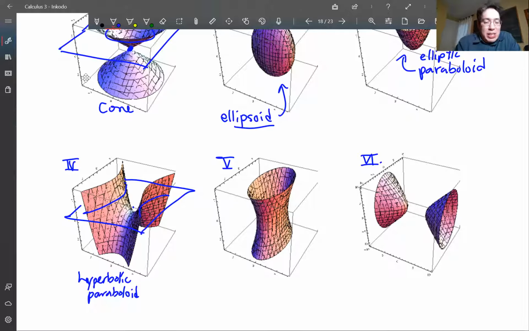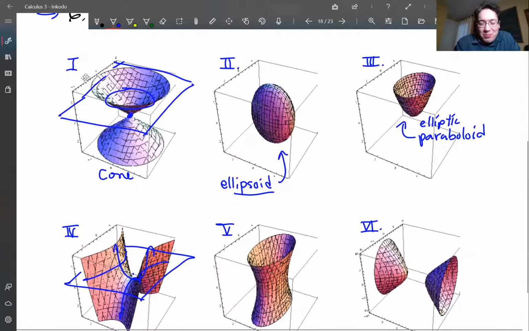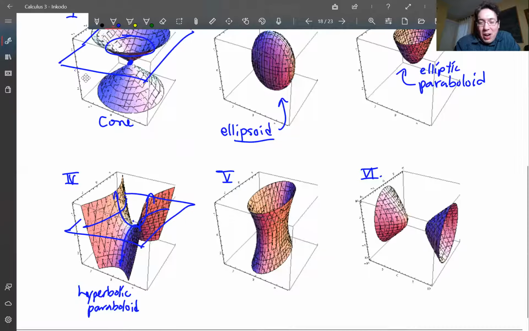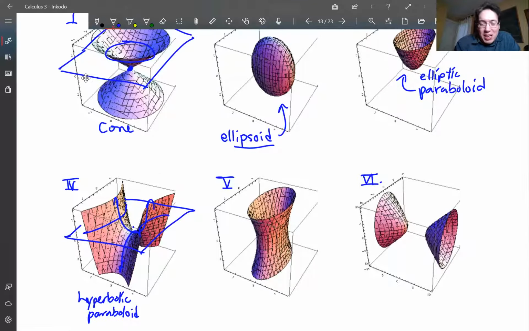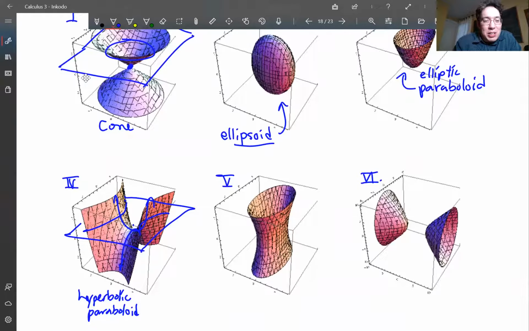And you can kind of see that because the cross section had parabolas, and a different cross section was a hyperbola. So that name is reasonable. Okay, all right. So we're down to two pictures, 5 and 6. Let's see. There's a couple different ways to go about it. We could use the same techniques that we've been using.